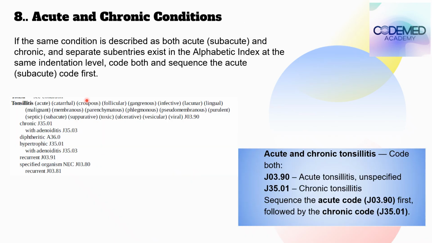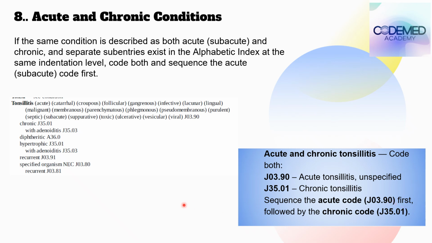Point number 8, acute and chronic condition. If the same condition is described as both acute and chronic and separate subentry exist in the alphabetical index at the same indentation level, code both and sequence the acute code first. So for example, acute and chronic tonsillitis.